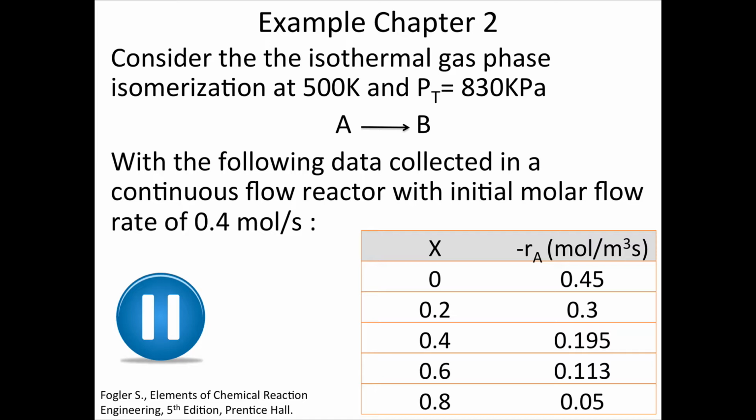Consider the isothermal gas phase isomerization of reactant A going to product B. This reaction is happening under constant pressure and constant temperature, with pure A entering at an initial molar flow rate of 0.4 moles per second, and we are assuming that there are no secondary reactions happening in the reaction.